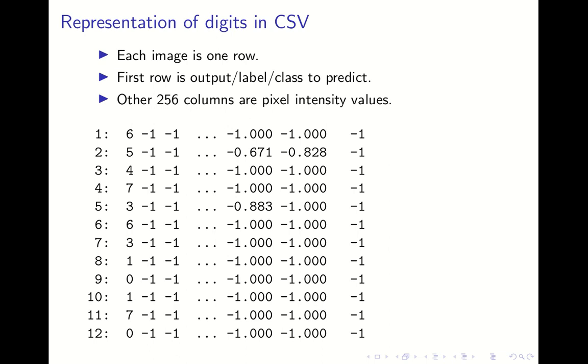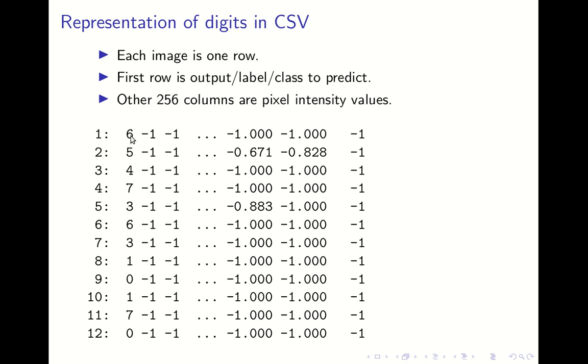So the representation of these digits in a CSV file looks something like this. Every one of the different images is one row. So here's the rows that correspond to the same images that we see in the previous slide. The first row here is, sorry, the first column, so here's a typo. It says the first row is the output label class to predict, but actually this is the first column here. First column is the output label class to predict.